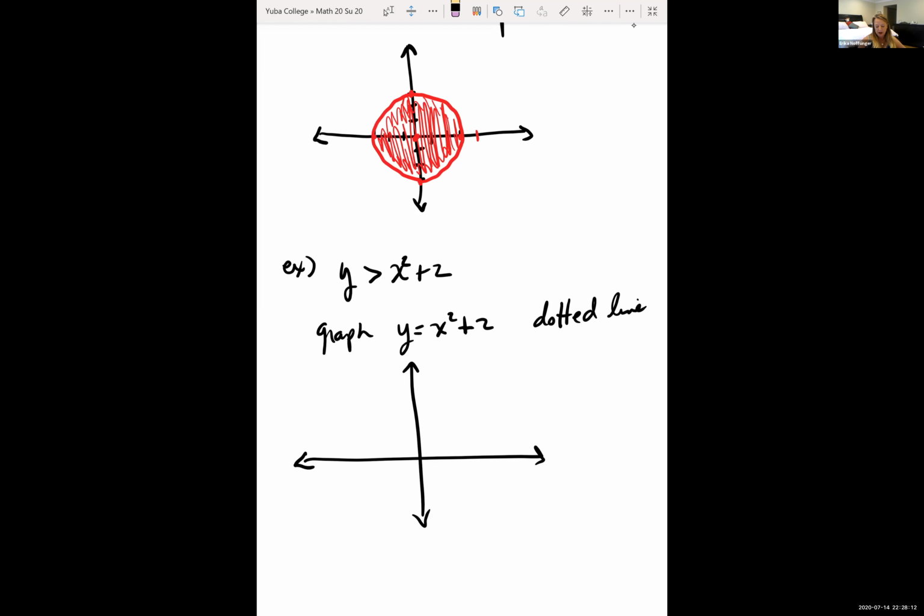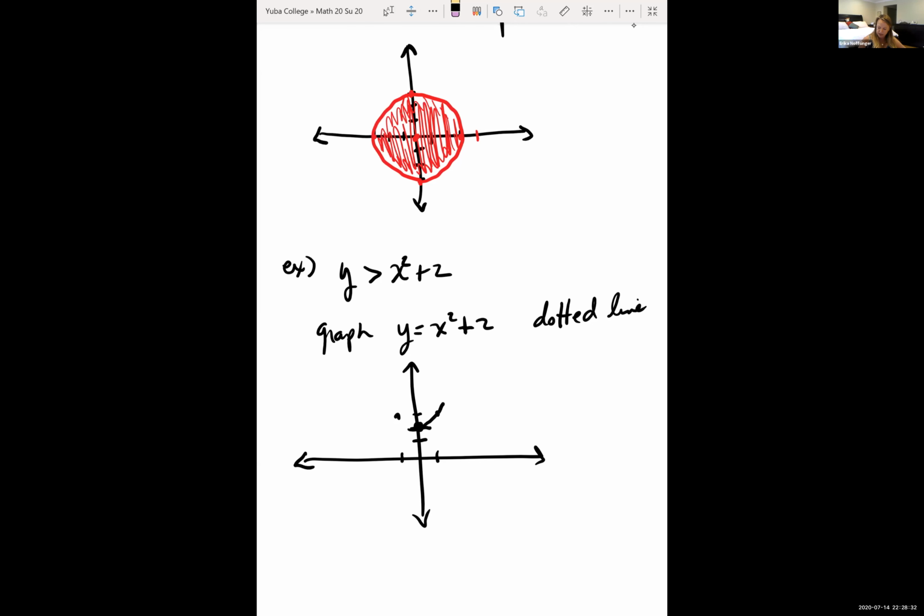So this is the graph of x squared. This plus 2 is shifting it up 2 units. Or you can think of it as in vertex form, where our h value is 0 and our k value is 2.